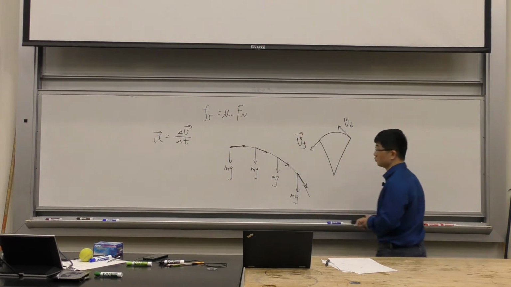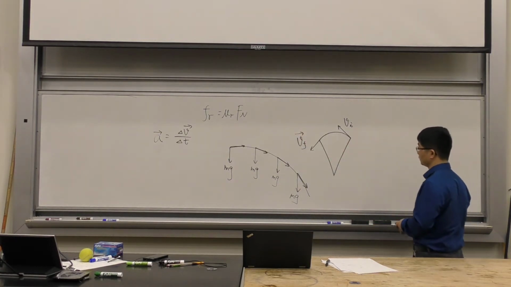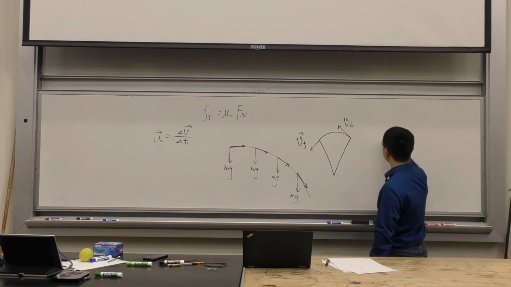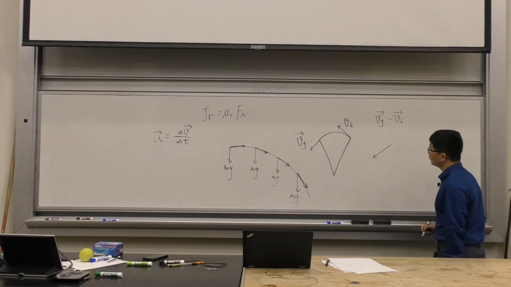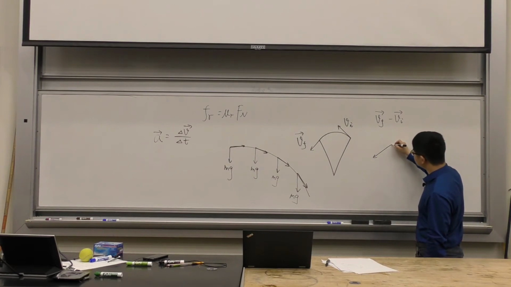How do you subtract these two vectors? You can do that pictorially. If you want to do VF minus VI, you're going to draw VF in that direction, and then you're going to draw a VI in this direction, a negative VI.